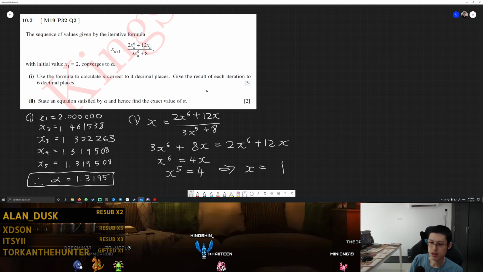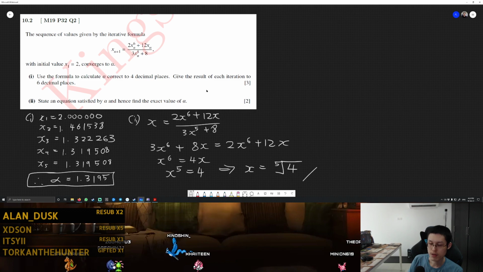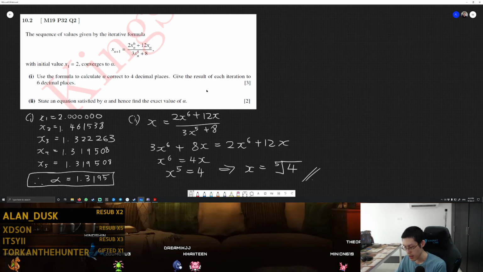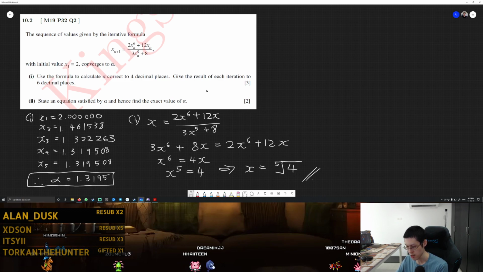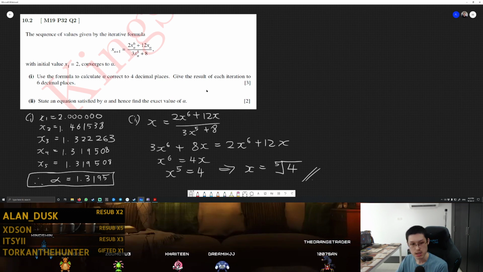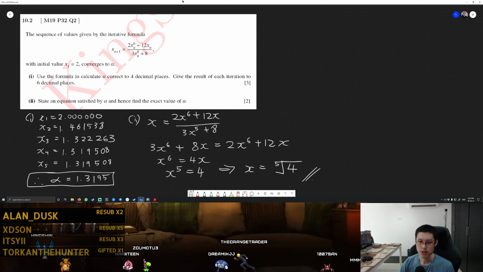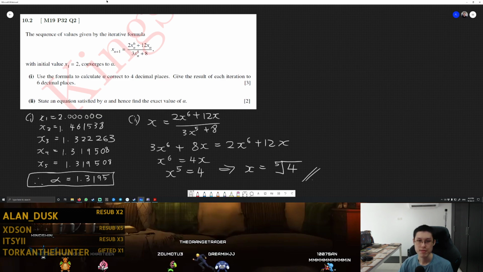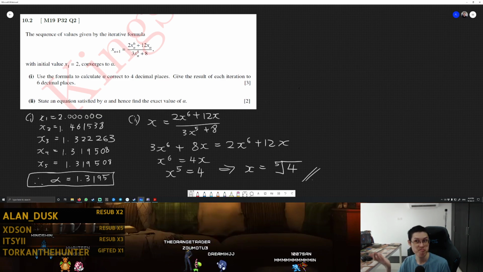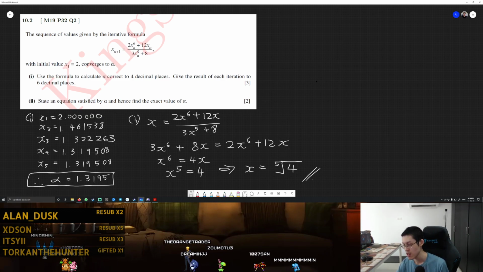Therefore, x is the 5th root of 4. There you go. If you put the 5th root of 4 into your calculator, you would actually get 1.3195, just to check that you got the right answer. Okay, so that's it, really. That is all there is to it.